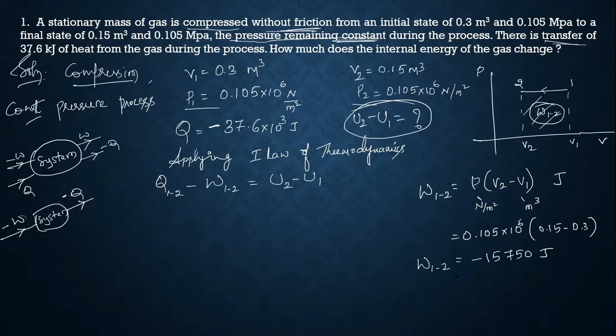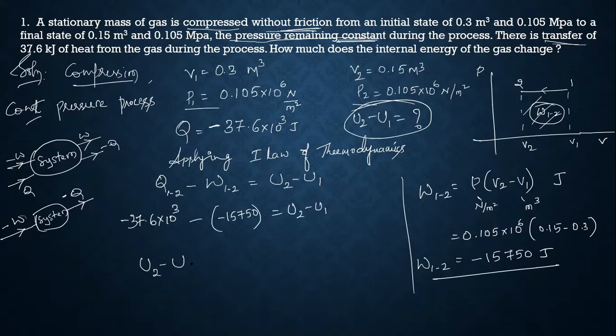15750 joules. Now substitute this here. Q is minus 37.6 into 10 to the power of 3, minus (minus 15750), and that is equal to U2 minus U1. For U2 minus U1 you get minus 21.85 into 10 to the power of 3 joules, so minus 21.85 kilojoules.